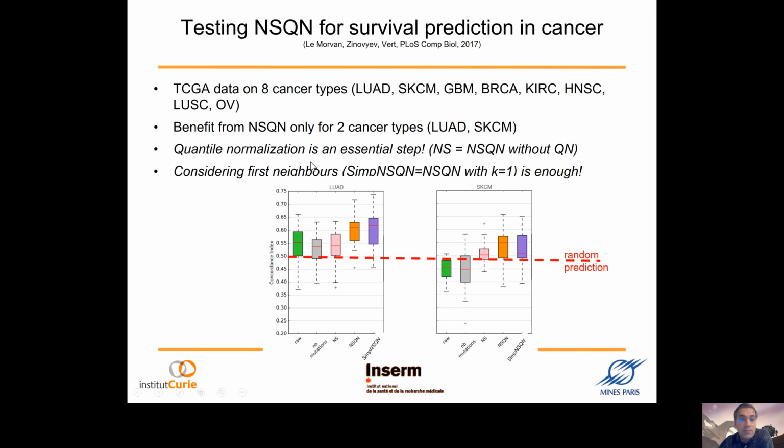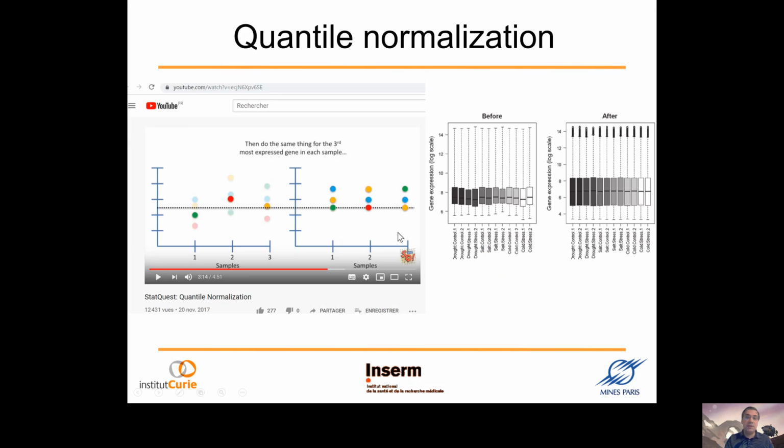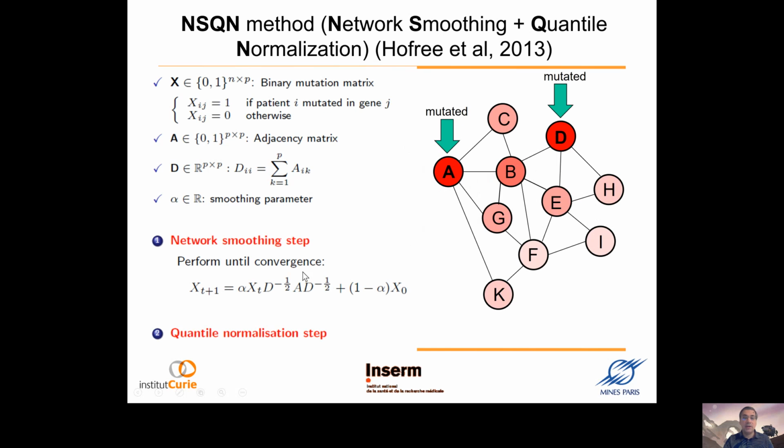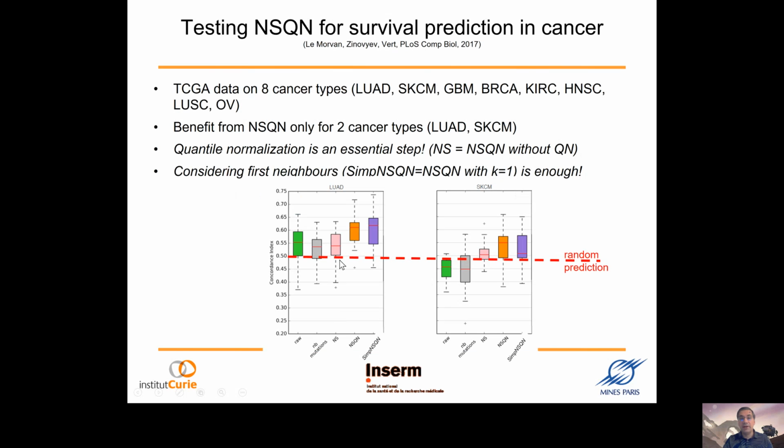What we learned from this approach is that application of quantile normalization is an essential step. Also, we tried a simplified method of network smoothing in which instead of repeating these iterations many times, we did only one iteration. We called it a simplified NSQN method.